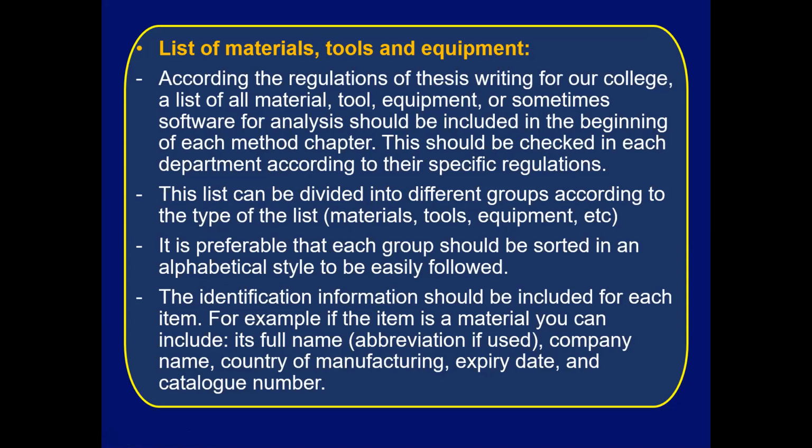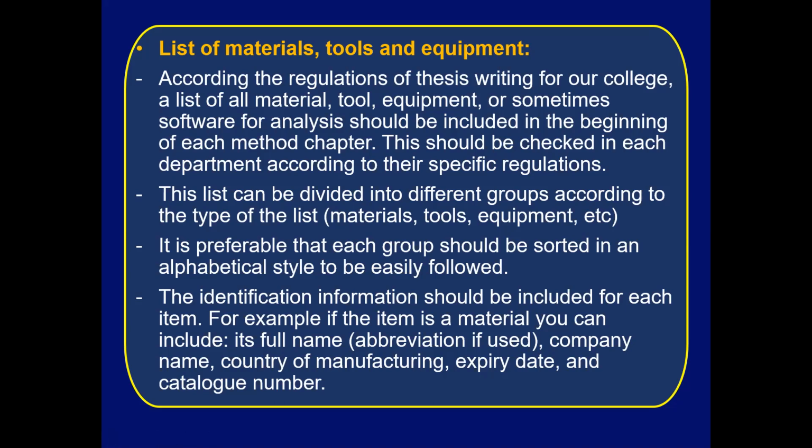So when you start the methodology part, you have to list all the materials, equipment, and tools included in your study. This should be checked in each department, as it can be explained differently according to their specific regulations.